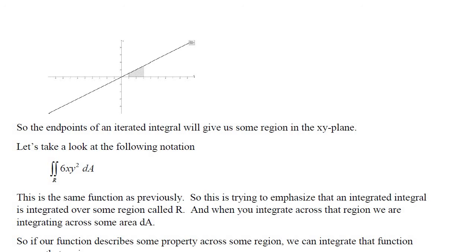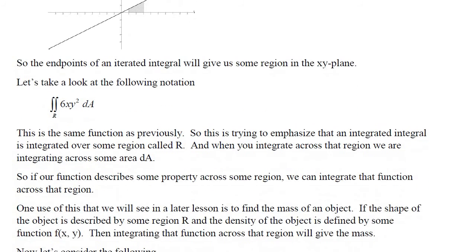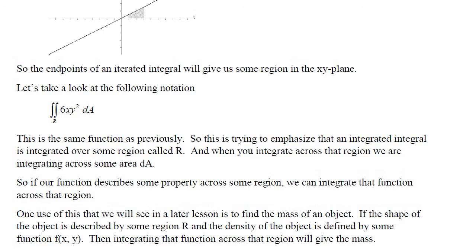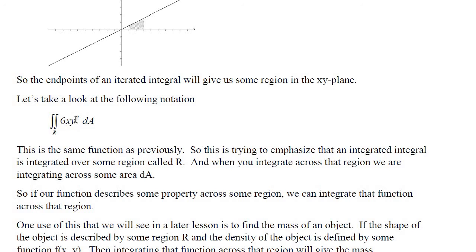Now, in terms of a meaning, if our function describes some property over that region, so if this function here, 6y squared, referred to the density of some object that has this shape, then if I integrate across that area, and this is the density, then we've just figured out the mass of the object.